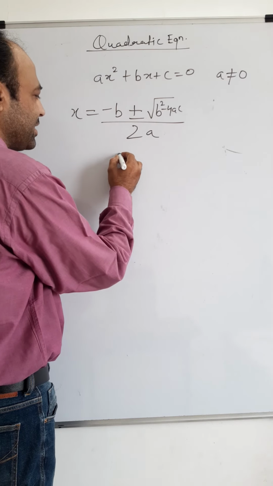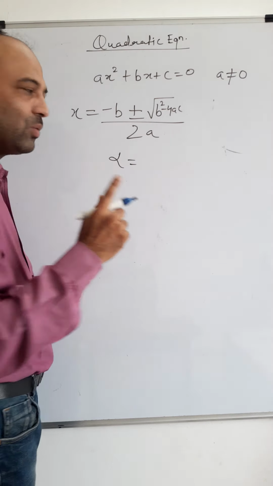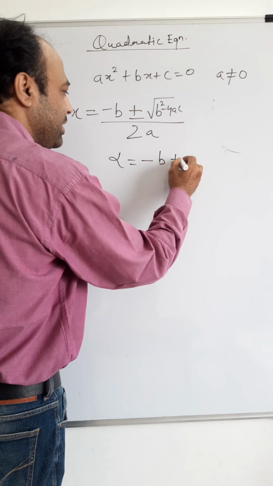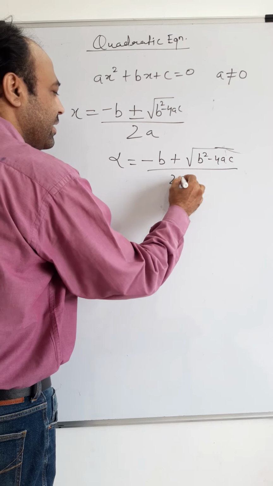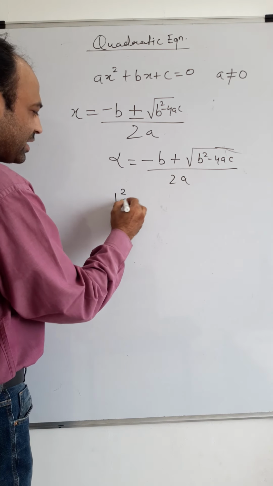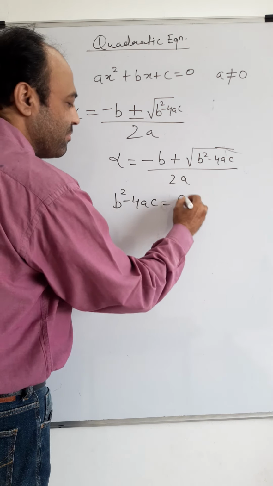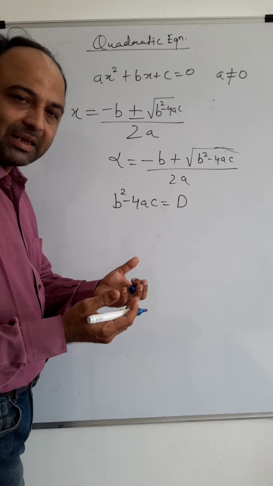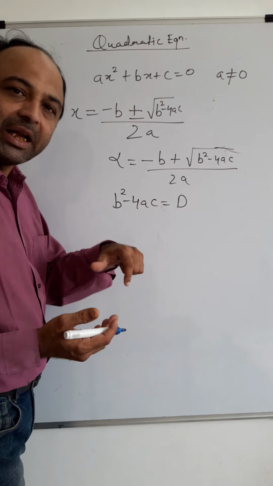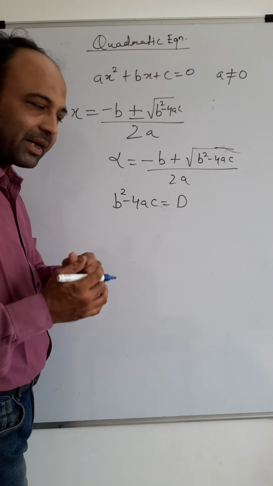Mathematicians named one of the roots alpha, minus b plus root b square minus 4ac upon 2a. This b square minus 4ac is also known as discriminant, D. Discriminant means that which describes something. So D will describe the nature of the roots, which we will discuss, correct?